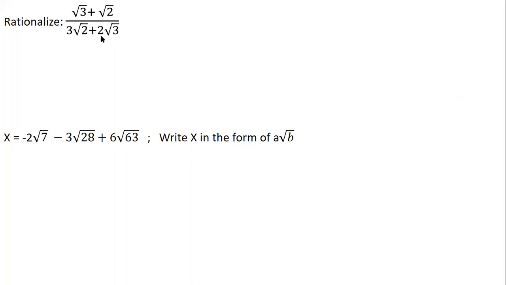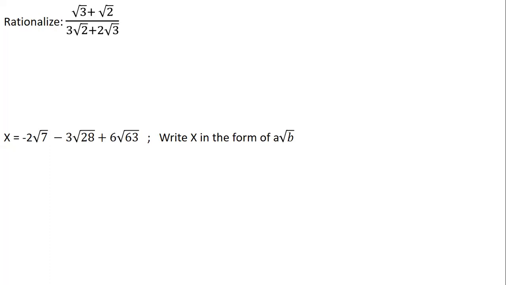So we have learned how to rationalize a fraction. What do we do? Who can remind me? What do we do to rationalize a fraction? Yes? So we always multiply by a fraction, which is the conjugate of the denominator.